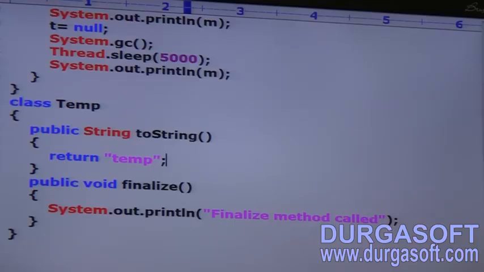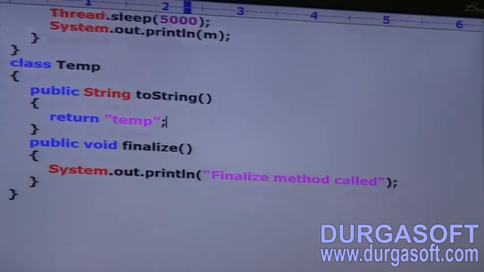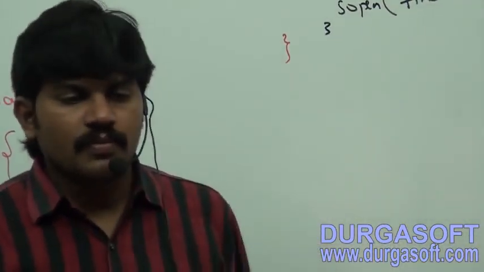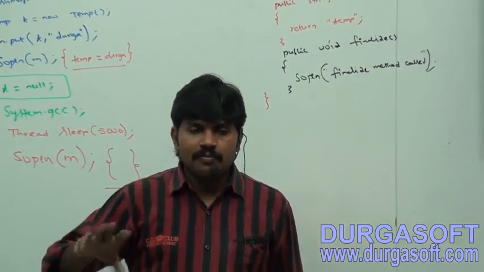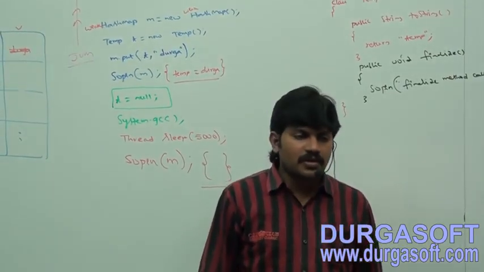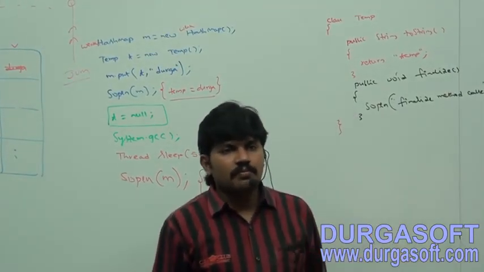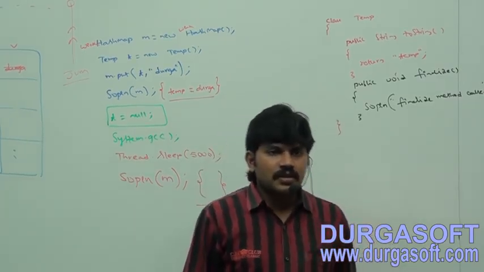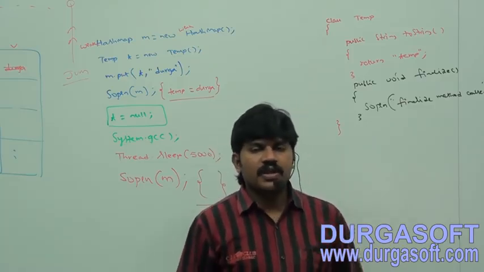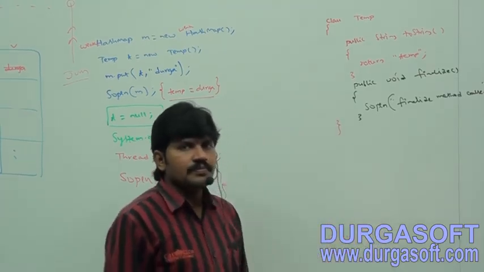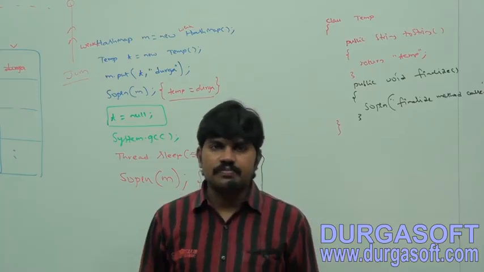Yes, I hope that's completed, right? That was the theory. In the above example, the temp object is not eligible for GC because it is associated with a HashMap.